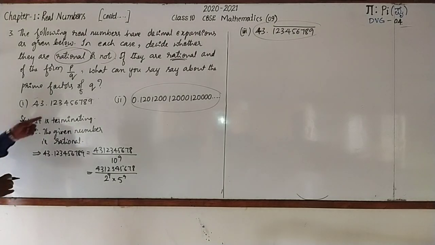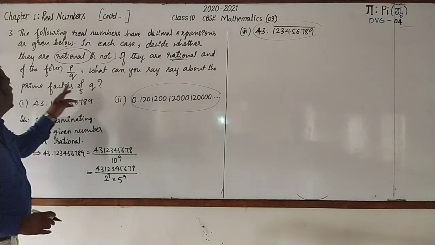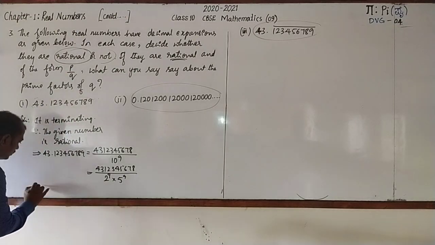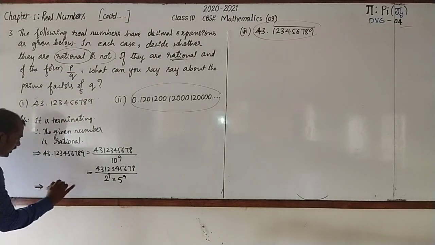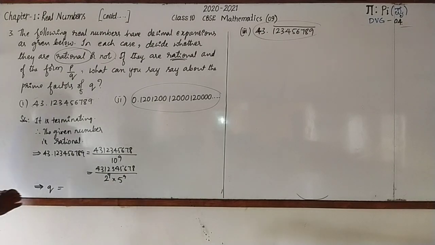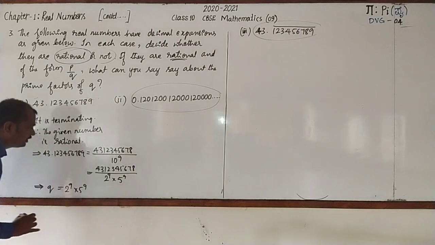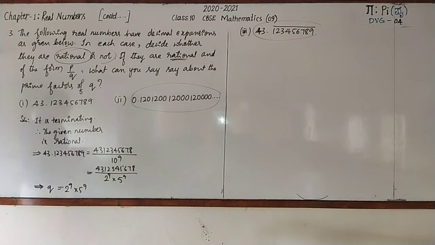Clear? Next. What can you say about the prime factors of q? Now, the prime factorization of q is 2 raised to the power 9 into 5 raised to the power 9. Right? So then you can say that the prime factors are 2 and 5.